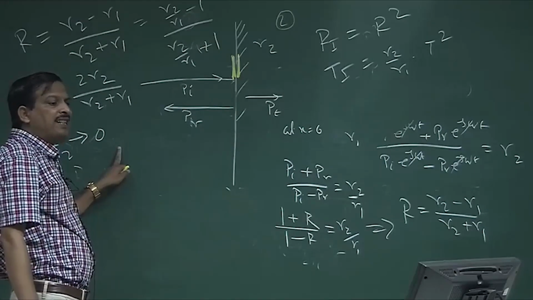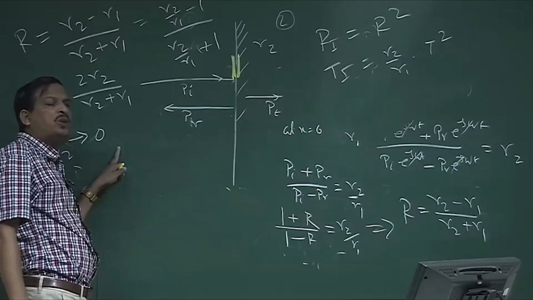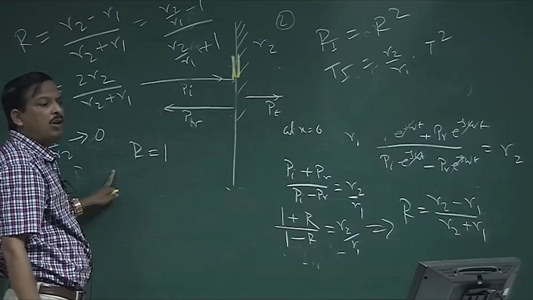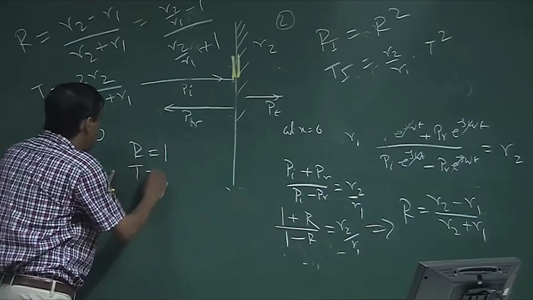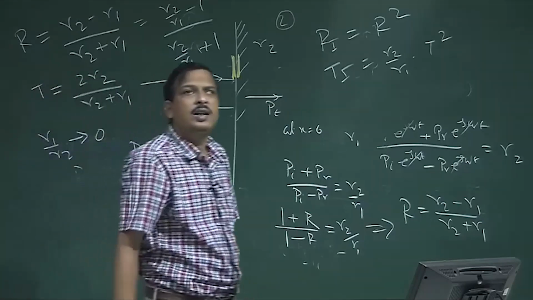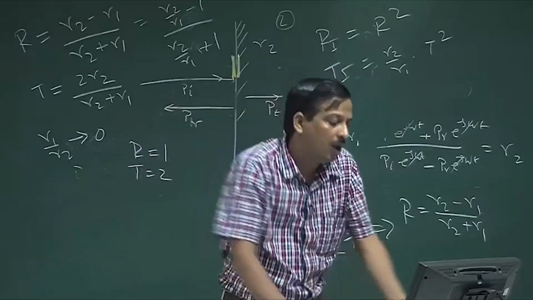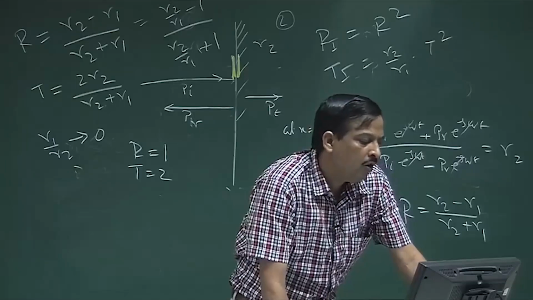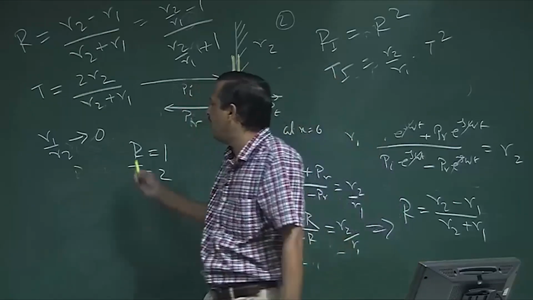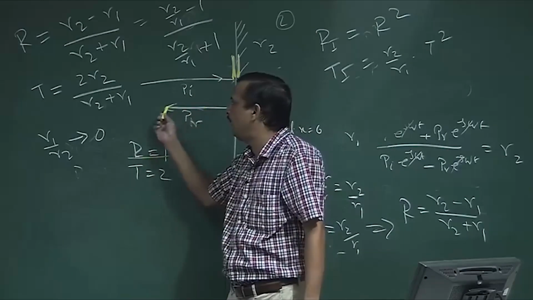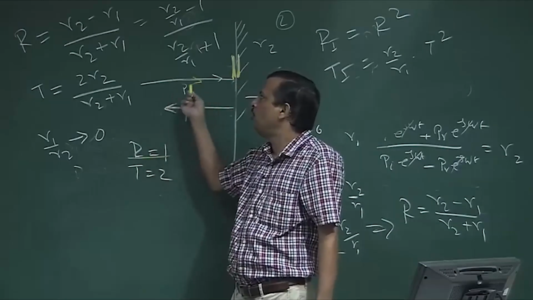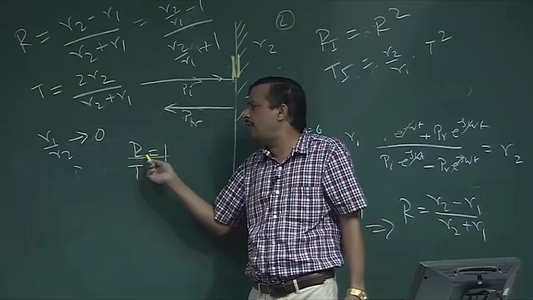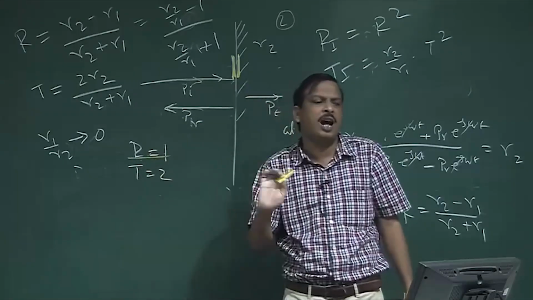So the wave is reflected with no reduction in amplitude, then R will be 1 and T will be 2. So what is the meaning? The meaning is that the wave is reflected with no reduction in amplitude, R is 1 and there is no change in phase. So for the pressure coefficient R equal to 1, the reflected pressure wave and incident pressure wave will have the same amplitude and no phase change, because R is 1, that means there is no phase change.